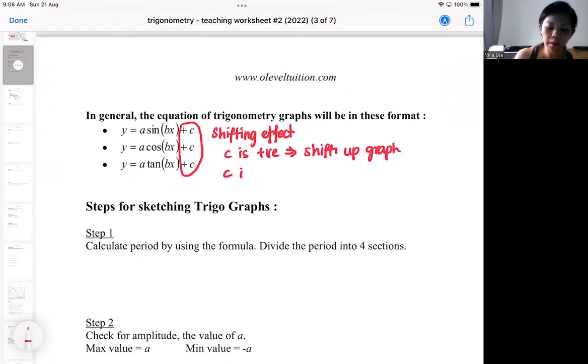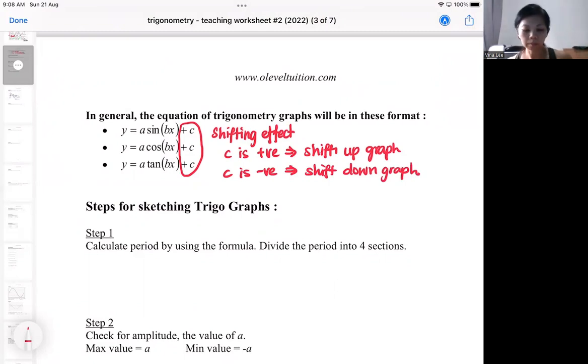If C is negative, you're going to be shifting the graph down. Okay, so there are A, B, C that you will be playing around with.